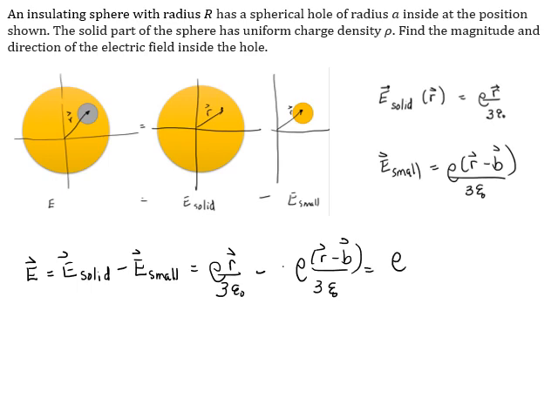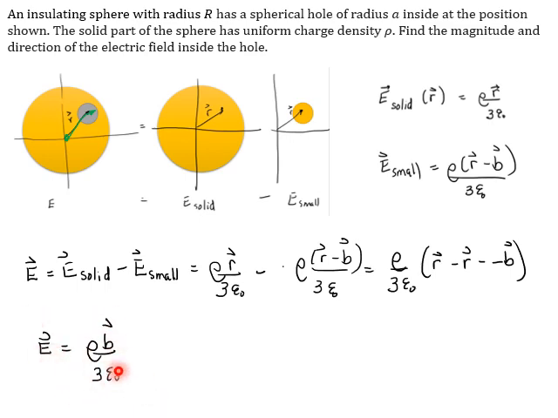So that's equal to rho over 3 times epsilon naught outside of r minus r minus b. So the result is the electric field of that structure is equal to rho times b divided by 3 times epsilon naught. And remember, b is our vector that takes us from the origin of our coordinate system to the center of the little hole. That's what b stands for.